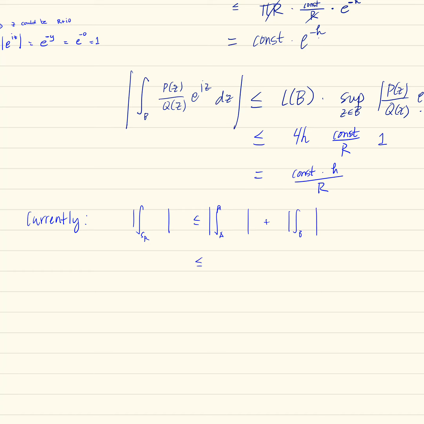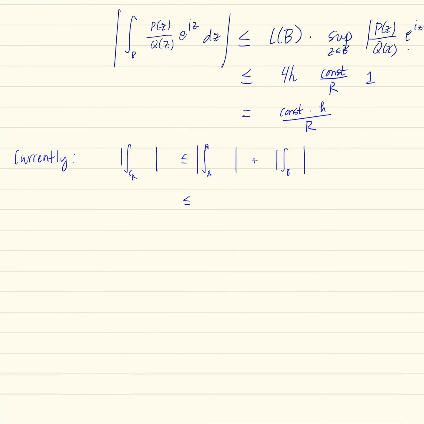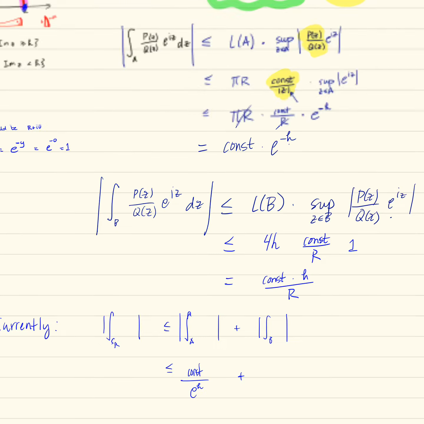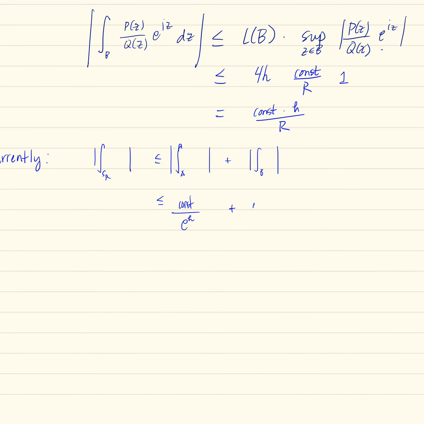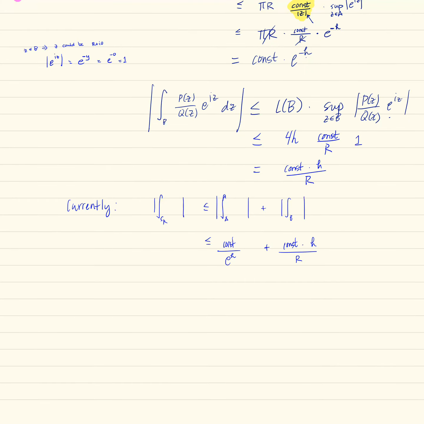And we said that this is going to be less than or equal to a constant times e to the negative h, and the second summand is going to be a constant times h over r.